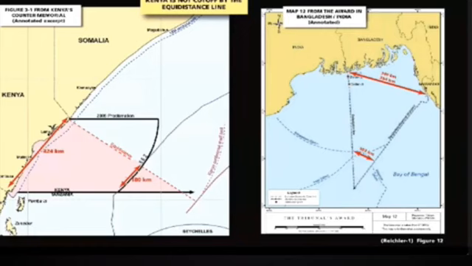Kenya further complains that the provisional equidistance line, quote, prevents Kenya from having any entitlement out to the edge of its continental shelf. That, too, is irrelevant. There is no right to a boundary that enables a state to reach the maximum limit of its potential continental shelf entitlement.